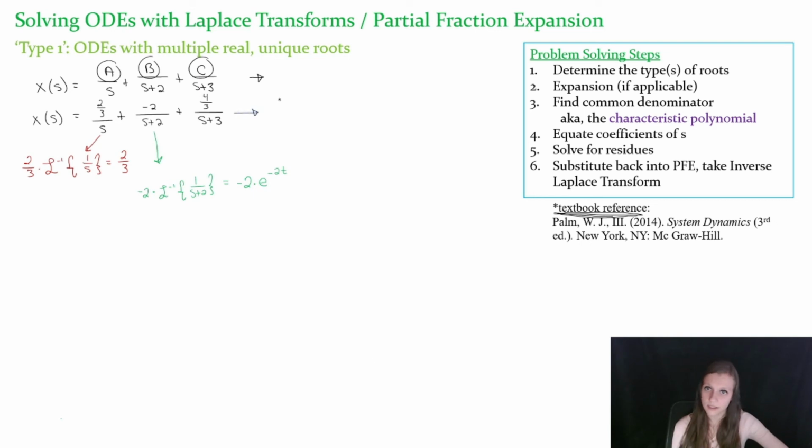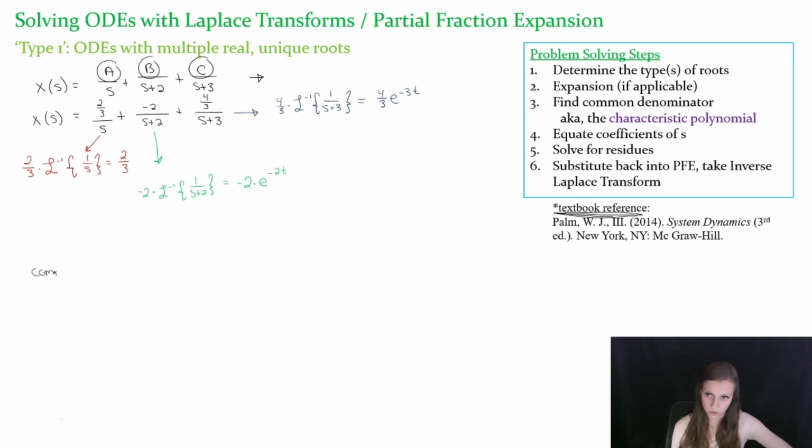And last but not least, pull the 4/3 out of this term, and we should see something of this form in our Laplace table. And so converting back to the time domain, we get 4/3 e to the -3t.